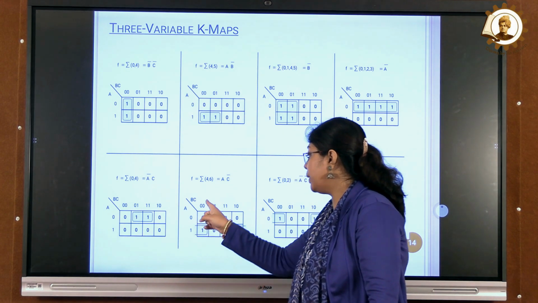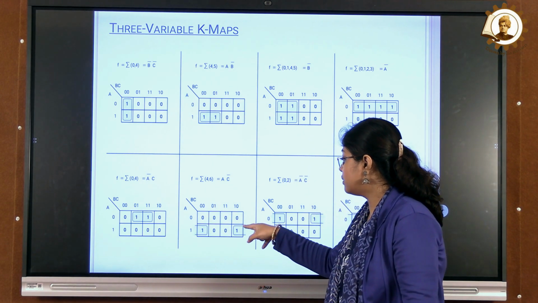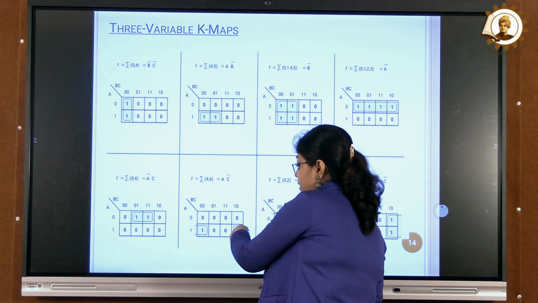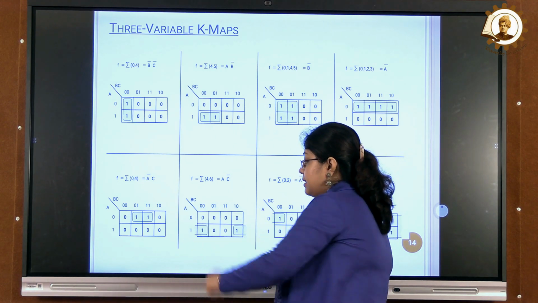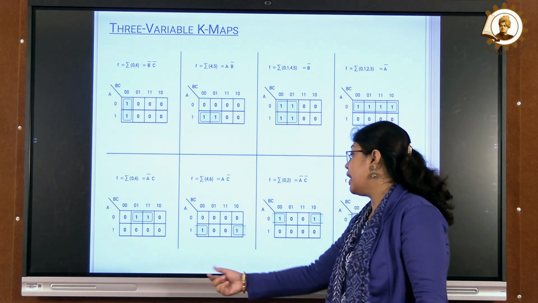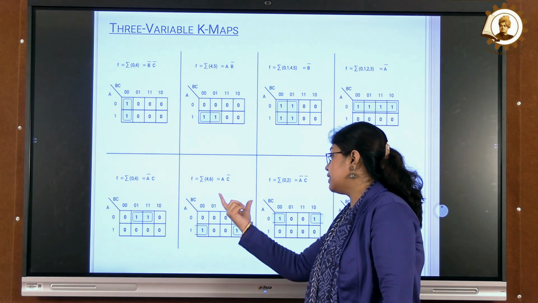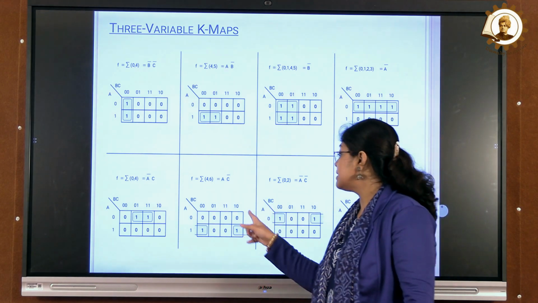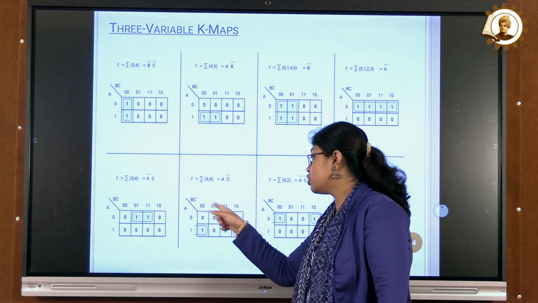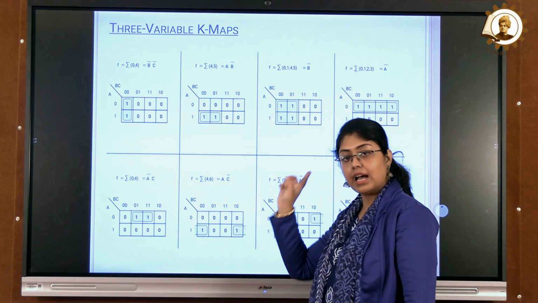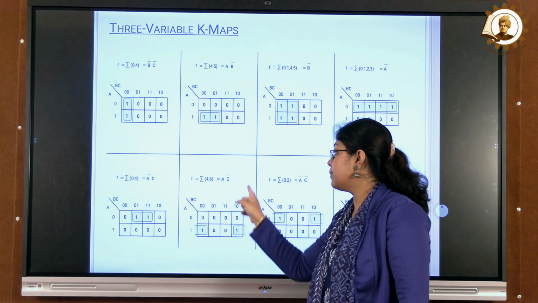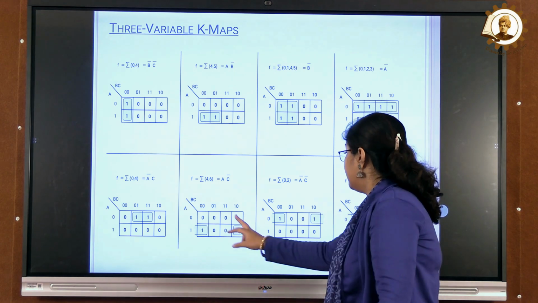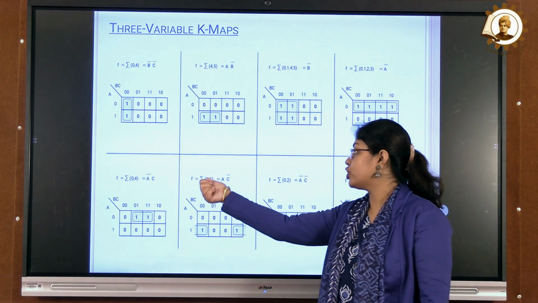So we are grouping this one and that one, and it is coming like A. The answer is A, because A is in its original form, and column wise we are checking, B is changing, so we are not taking B, and C is going from 0 to 0, so same. So C bar. So the answer will be A, C bar. This is the answer for summation of 4, 6.